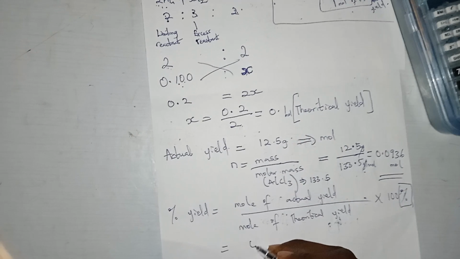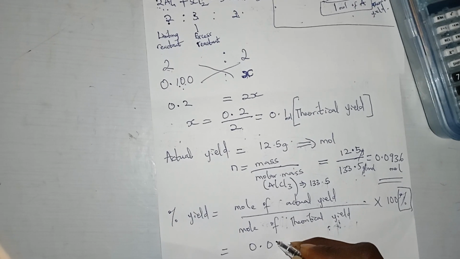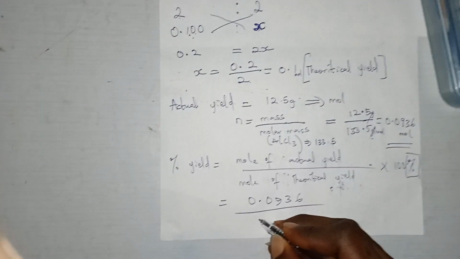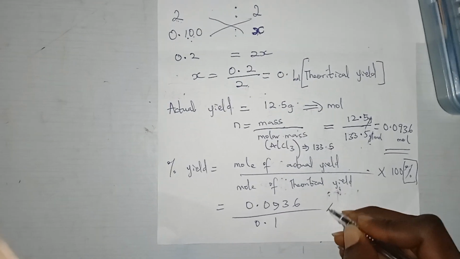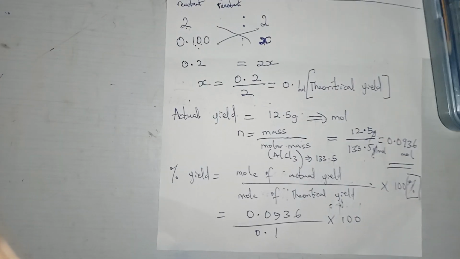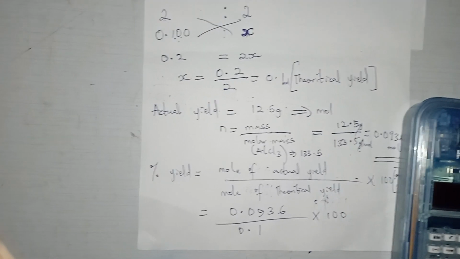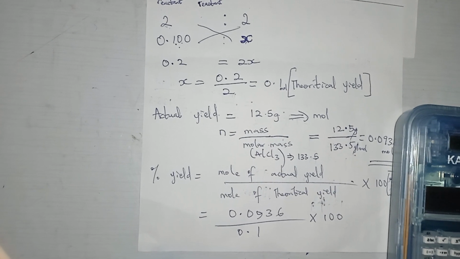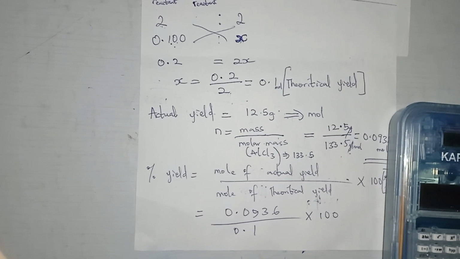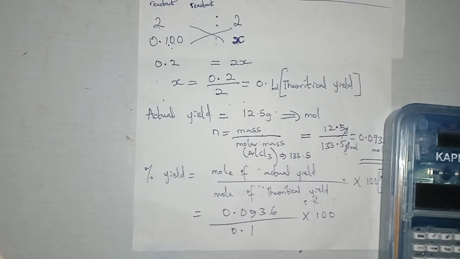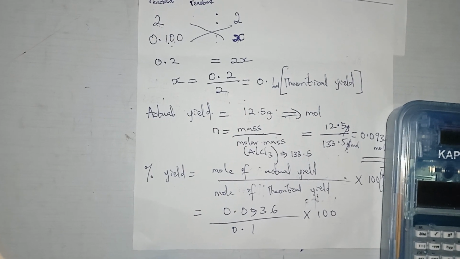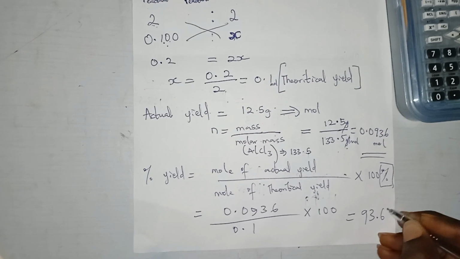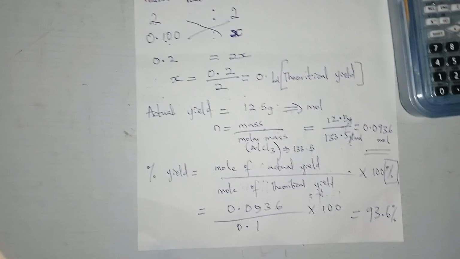So this is going to be actual yield in mole, 0.0936, theoretical yield in mole is 0.1, times 100. So when you punch it, you have 0.0936 divided by 0.1 times 100. So you're getting 93.6%. That's your final answer.